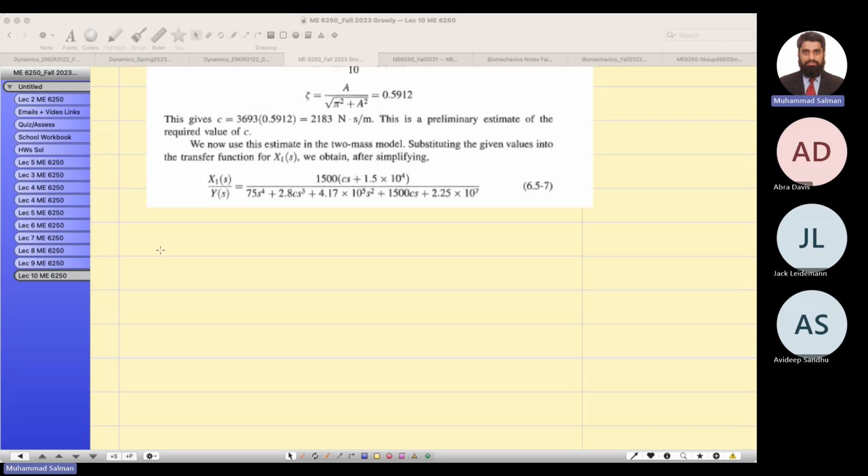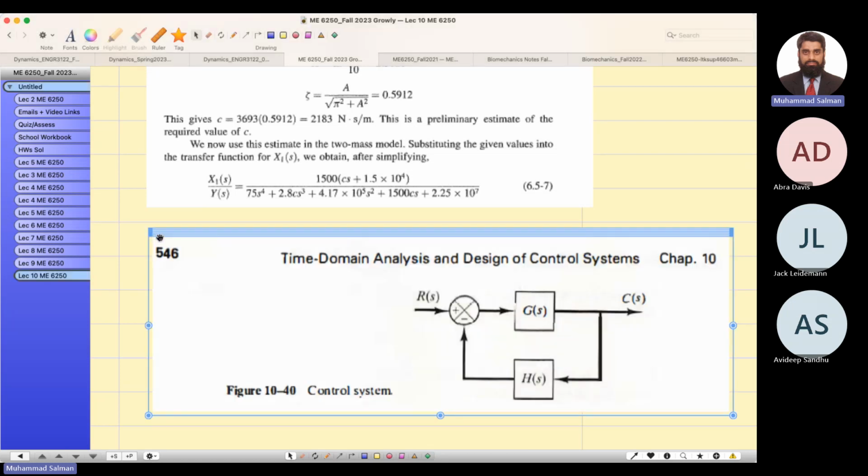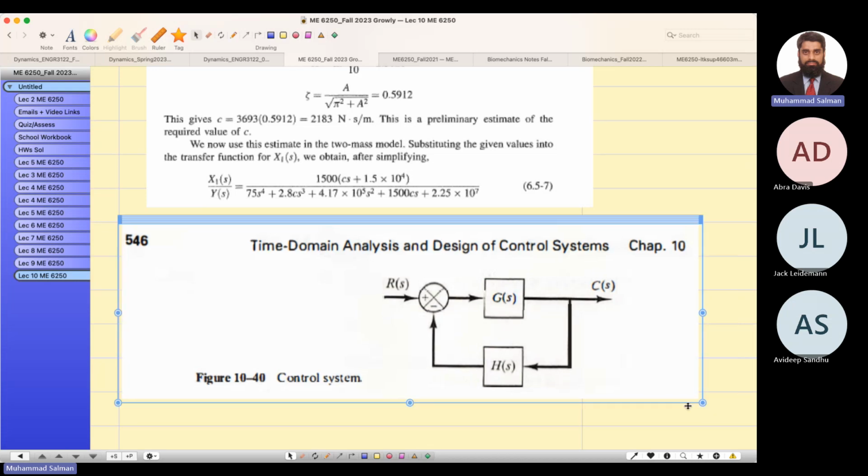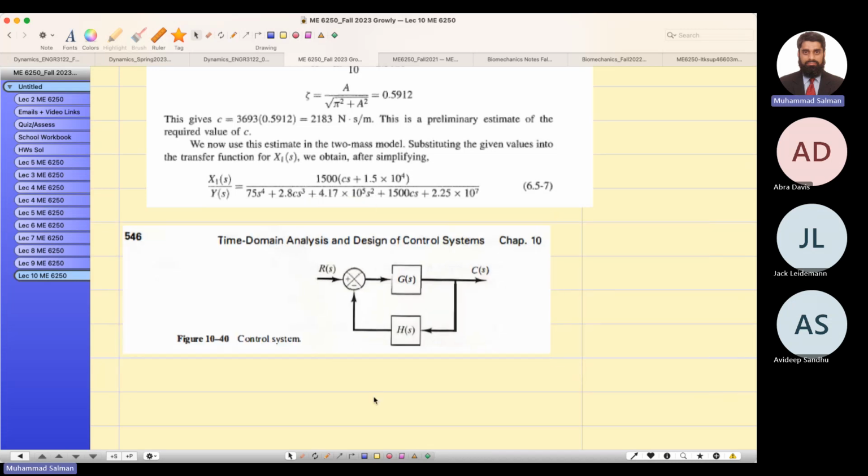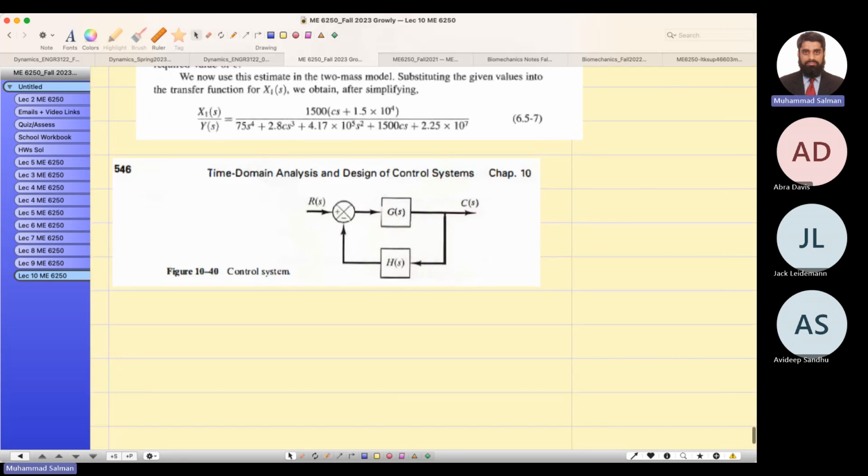So let's go to the root locus. I'm going to share with you this example. For the root locus, these handouts have already been uploaded, and I have made certain videos on how to find out the root locus of our transfer function.